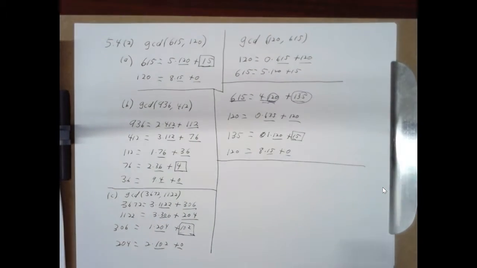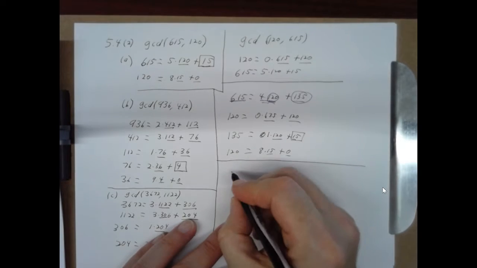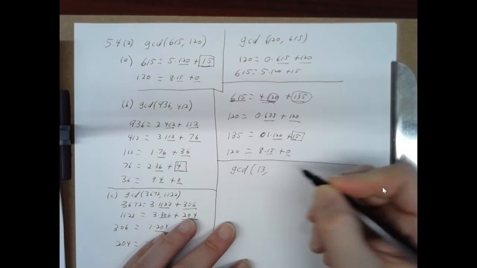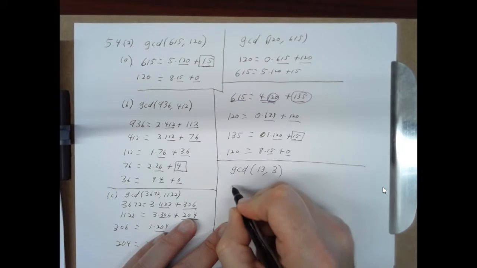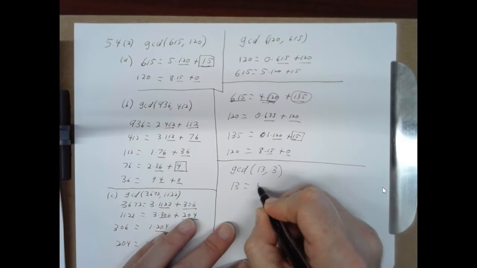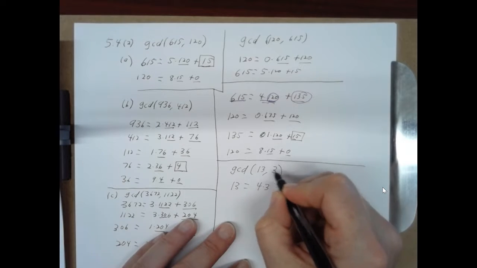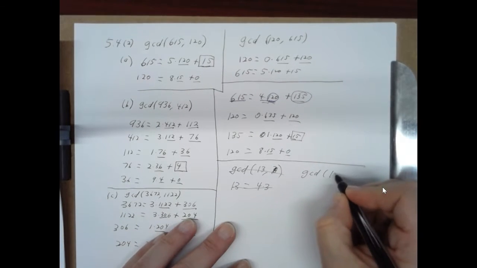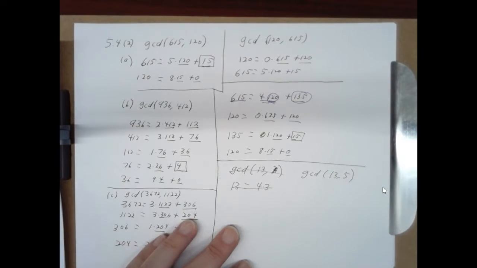And what you didn't have with these exercises was an example where you come down to a 1, where your numbers are relatively prime. Let me just show you what that looks like. So GCD of, say, 13 and 3. So 13 equals 4 times 3. Let's do 13 and 5, because this is a little more confusing.